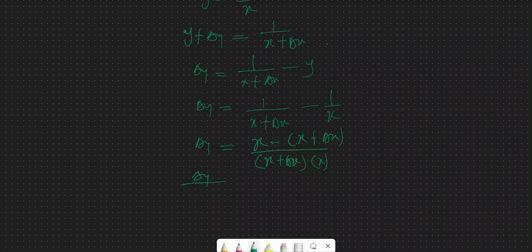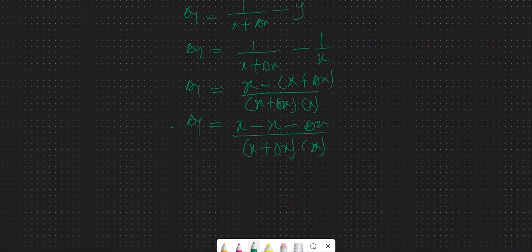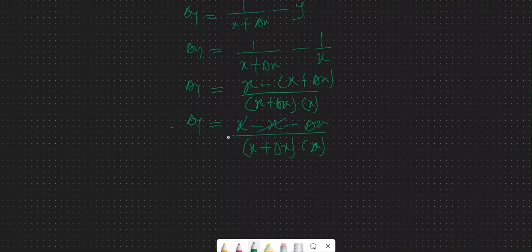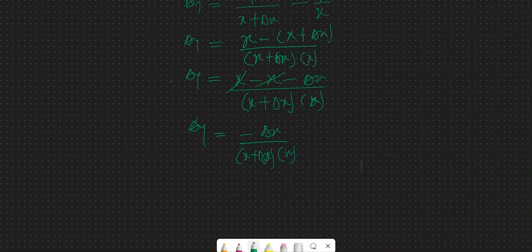So changing y equals, we open this bracket, x minus x minus changing x over x plus changing x, then x. This x crosses this x, so we have changing y equals minus changing x over x plus changing x multiplied by x.